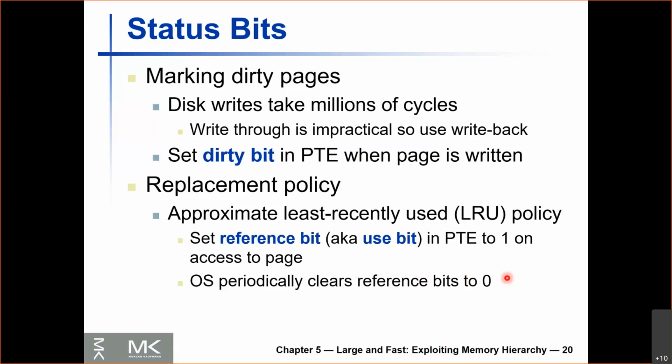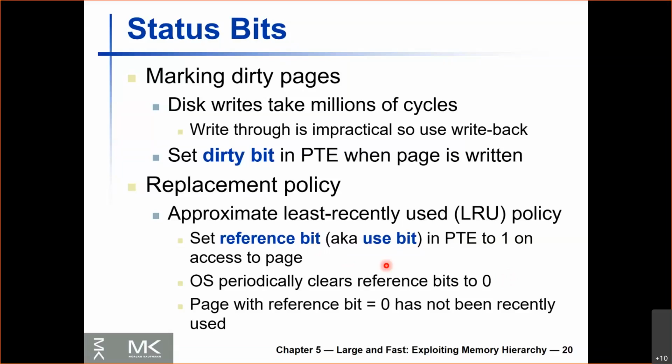Now, what that means is that when I come to evict a page, if the page has a reference bit set to 1, that means it's been recently accessed. In other words, it's been accessed since the time that the operating system cleared all the reference bits. On the other hand, if the reference bit is 0, it means that the page has not recently been accessed.